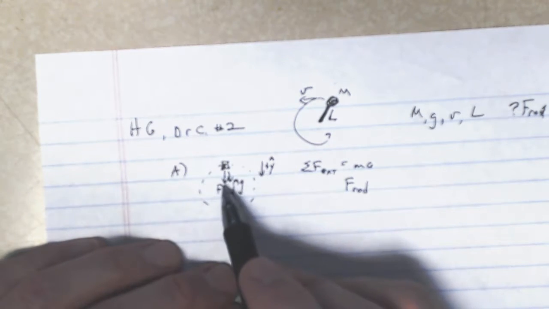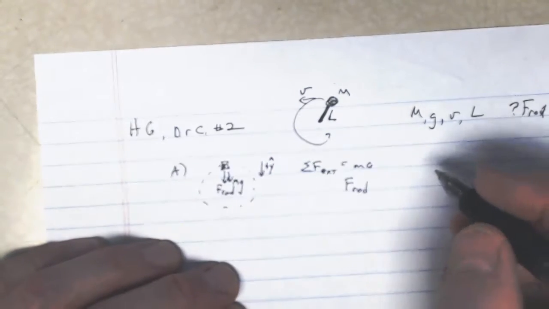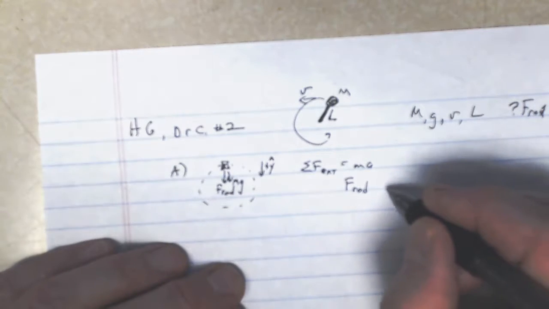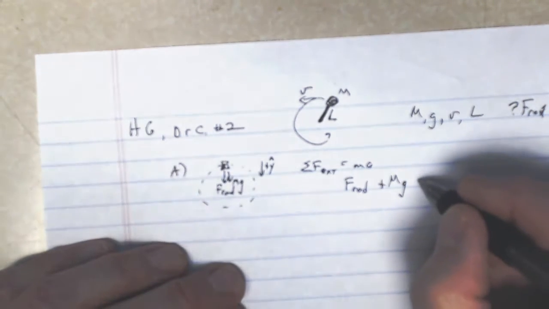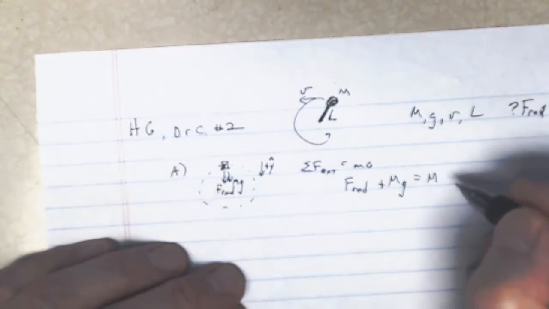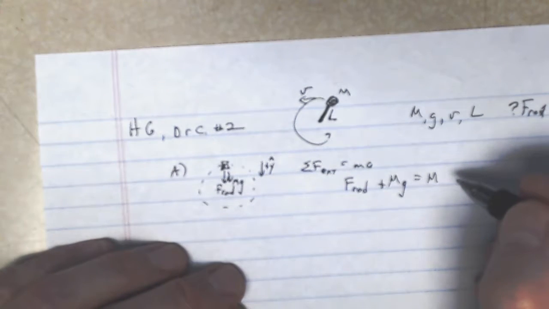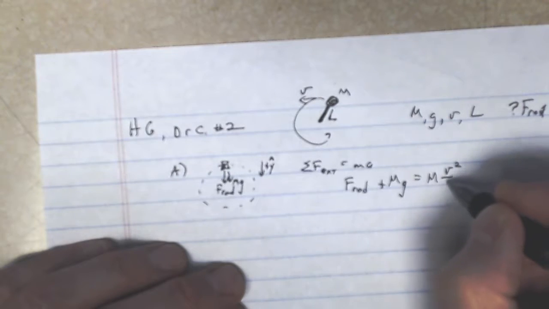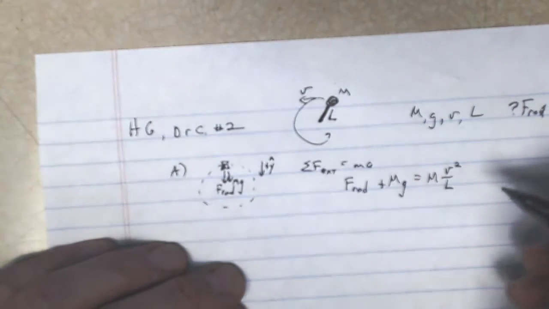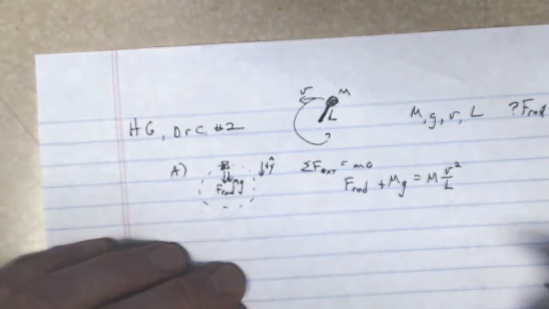I could turn out to be wrong, but for now, I've got it in my plus y hat direction, so it's positive. I have mg, which is also in my positive direction. Those have to be equal to mass times the acceleration. And because we're told that it's spinning in a circle at constant speed, then there must be a centripetal acceleration of v squared over L. L is the radius. Normally it's v squared over r.